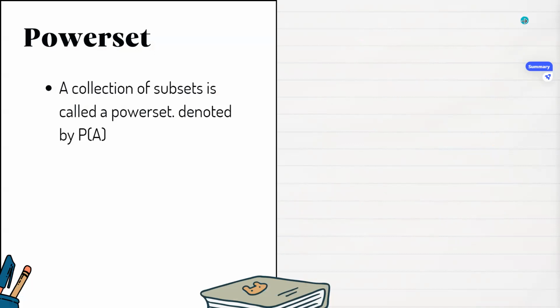Next, we have power set. What is power set? Power set is a collection of subsets. It is often denoted by P and following the name of the set. For example, we have set A, which has the elements 1, 2, 3.